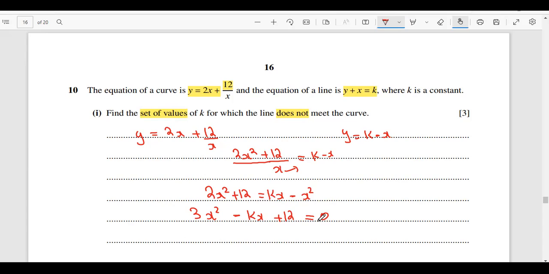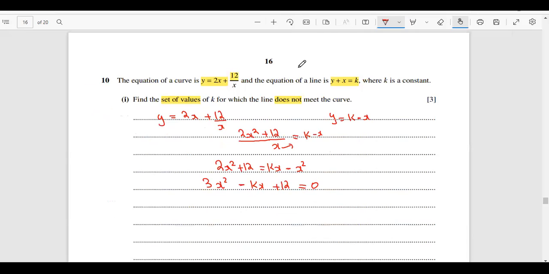Now, after simplifying this, I am getting a quadratic equation and I do not want any solutions of x because the curve does not meet the line. So it means that we have 3 types of discriminants: b squared minus 4ac. If it is greater than 0, we have 2 points of intersection.